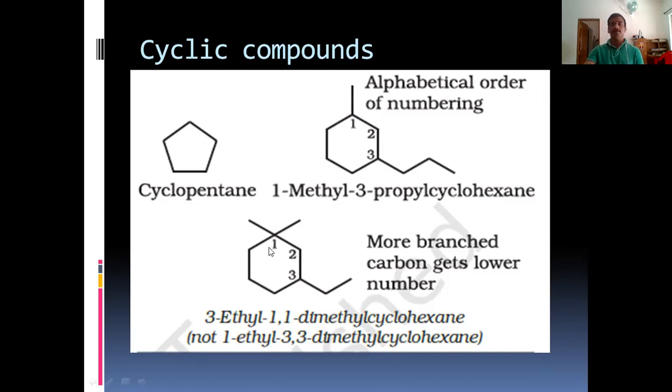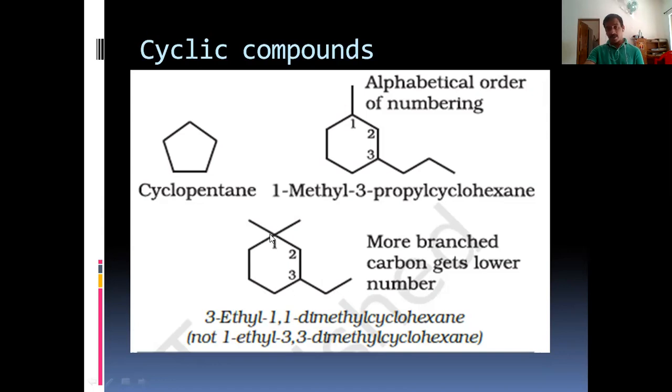And here, it is methyl group, and it is ethyl group. Alphabetically ethyl is first, but even then here number 1 is given. Why?